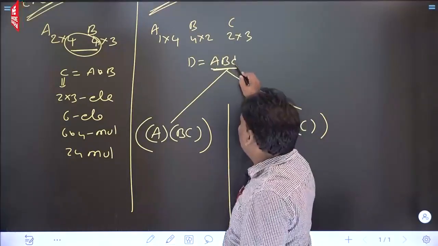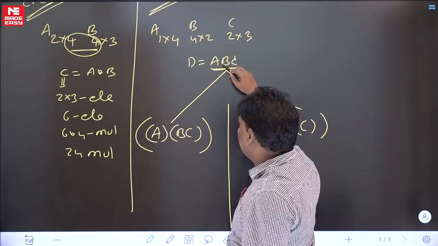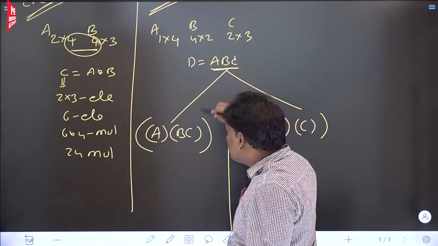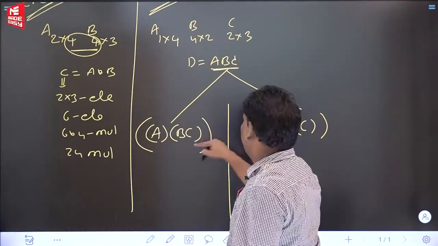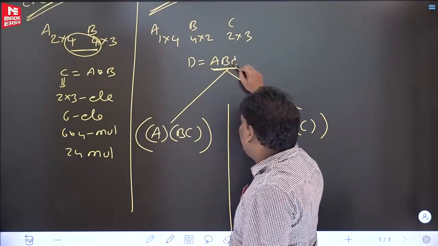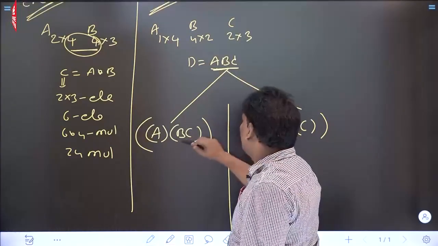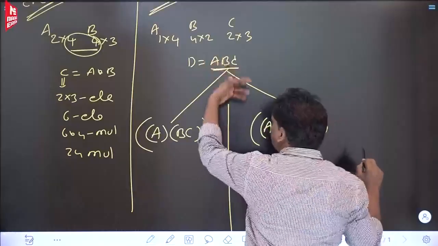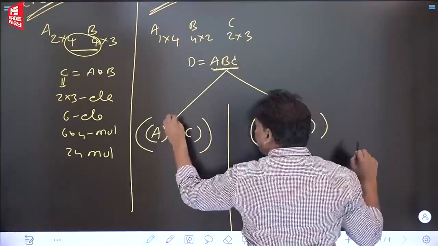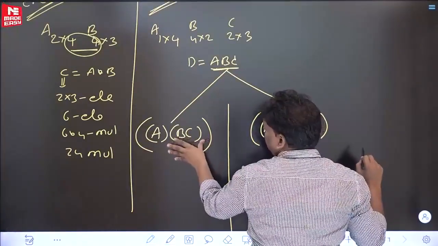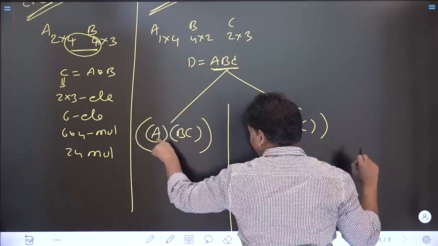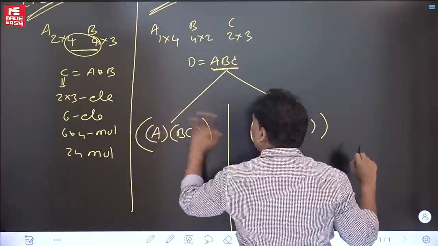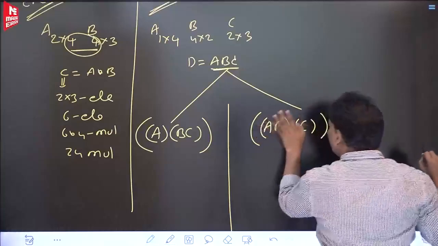To multiply these 3 matrices, because of the associative property, 2 ways are there. Some people are asking, what is the associative property here? Initially, only the first one remaining, next only the first 2 remaining.